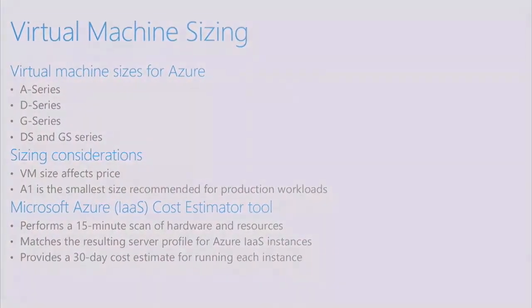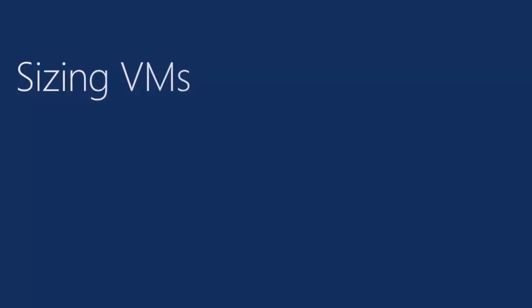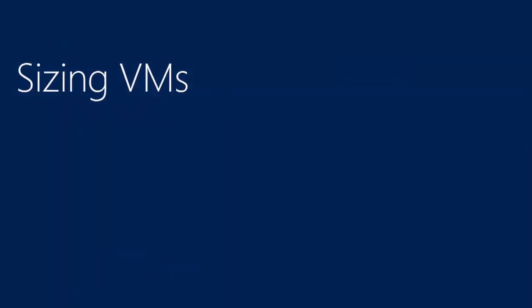So it makes it very easy to do a direct comparison of the cost of Azure versus the cost of running your own infrastructure. So what we'll do is take a second and just take a look at how we can use this cost estimator tool and also do some of the sizing of virtual machines.